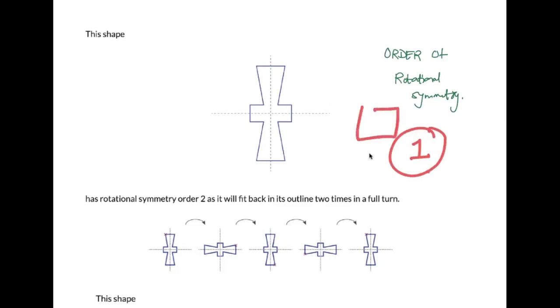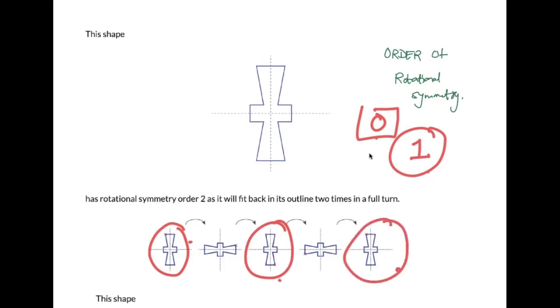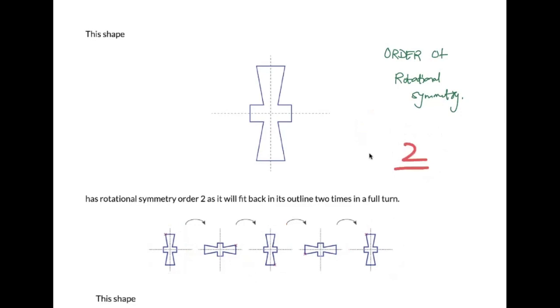Previously, the rotational symmetry was 0. Now, after 180-degree, you're going to get the same shape. And then after 180-degree again, you're going to get the same shape. So in 360-degree, you are getting the same shape two times. So this figure has a rotational symmetry of order 2, as it will fit back in its outline 2 times in a full turn. Okay.